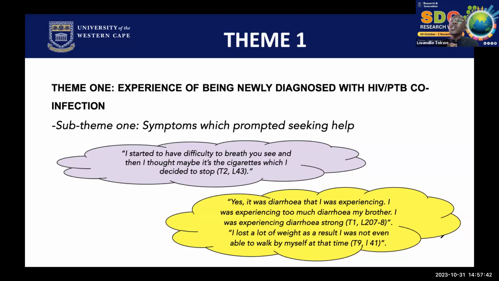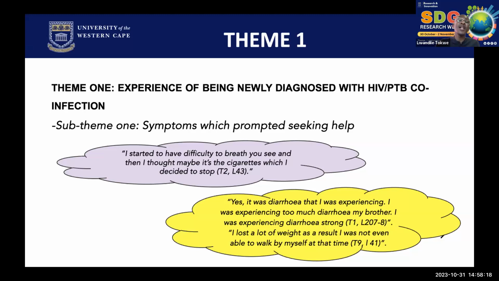The newly diagnosed patients verbalized the different symptoms that they experienced, which prompted them to seek help in their clinics. The most common symptoms ranged across the respiratory system, the gastrointestinal system, the endocrine system, and the nervous system, including the skin, which is the integumentary system. The majority of the participants experienced respiratory symptoms, such as coughing, hemoptysis, which is coughing blood in the sputum, and dyspnea, which is difficulty in breathing.